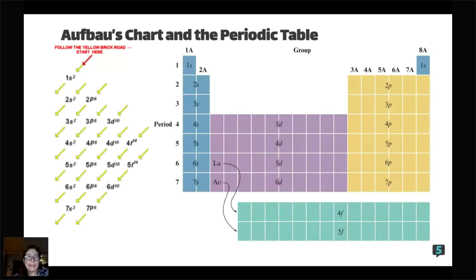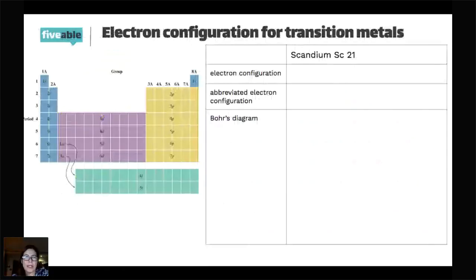With this in mind, let's start doing electron configuration for the transition metals. Transition metals are slightly different than the representative elements. Scandium has an atomic number of 21.